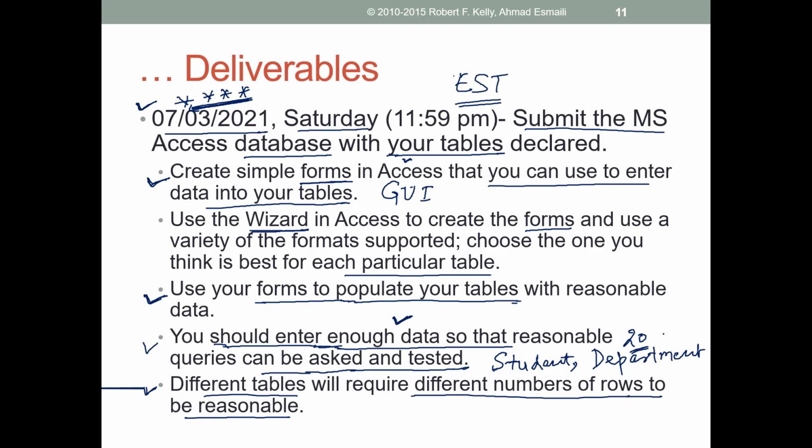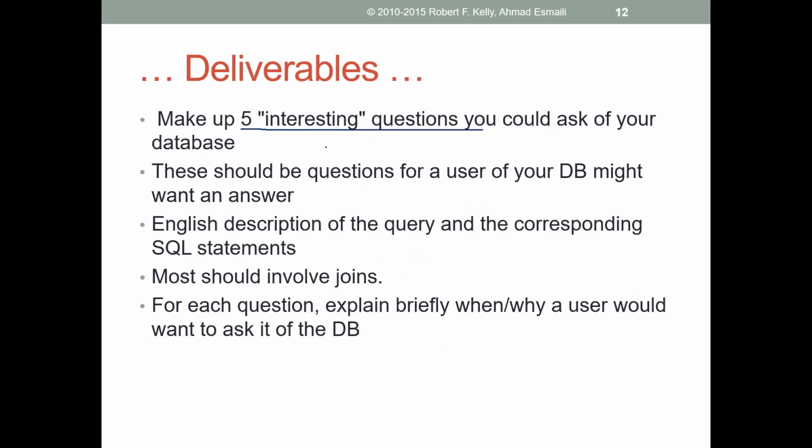But that's what I'm trying to highlight, that for some tables it is easier to come up with a lot of data, with thousands, but for another table in the same database you may have difficulty finding more rows. Alright, so keep that in mind. Don't stress too much about it. Just think about the feasibility, that is, is it possible to have that many records in a specific table. And these are the questions I'm asking you to come up with. So as you are coming up with your project topic, you should also think about what queries your data can answer, right?